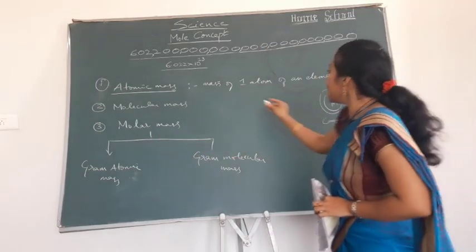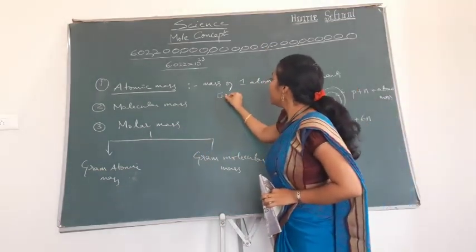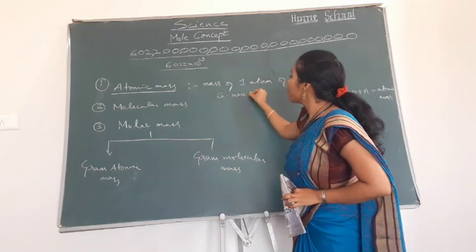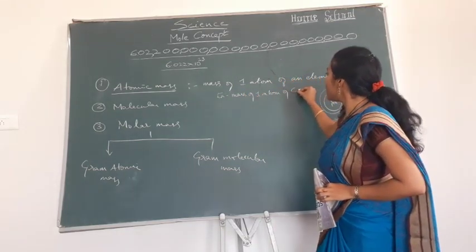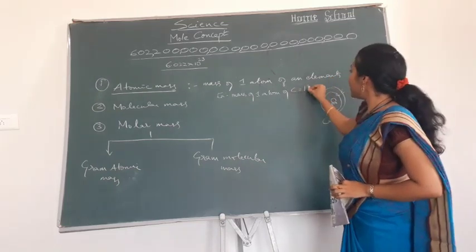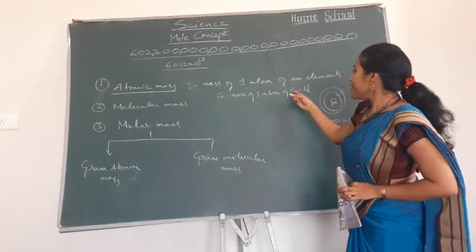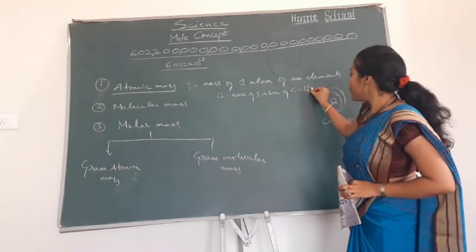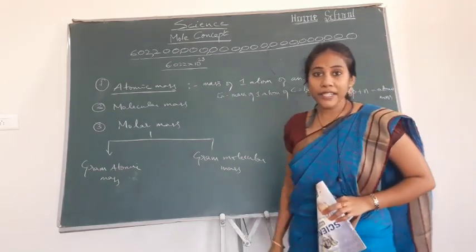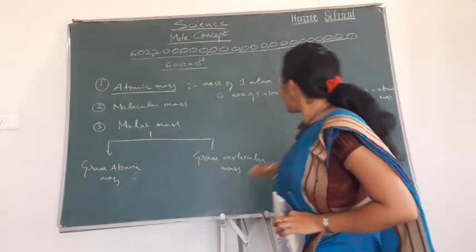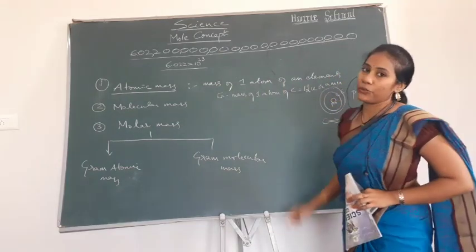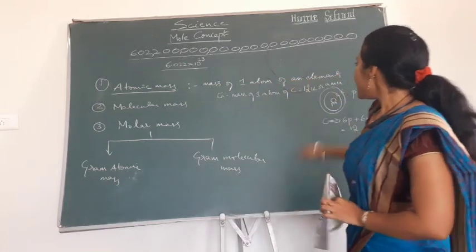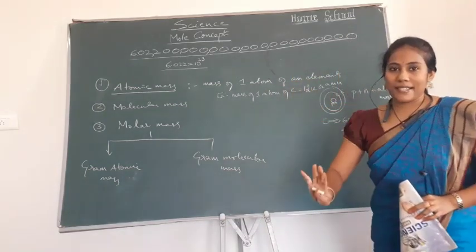So the mass of one atom of carbon is 12. And there is a unit for atomic mass, we call it U. U means unified mass, or it can be called AMU, atomic mass unit. This is just a unit for atomic mass, that's it.